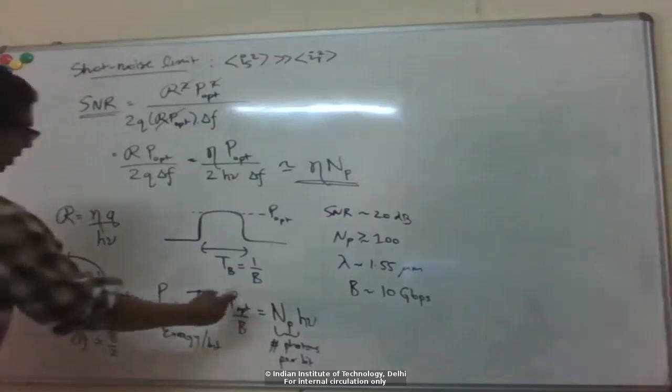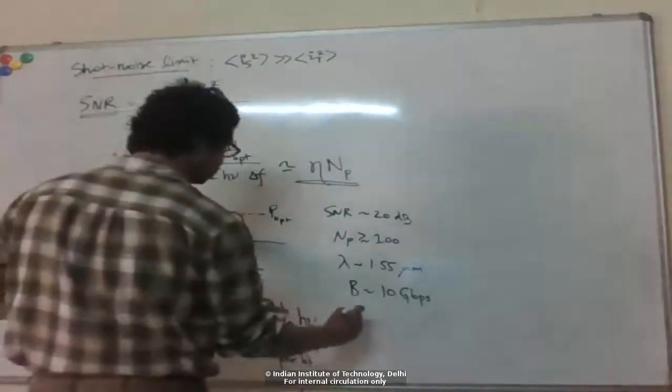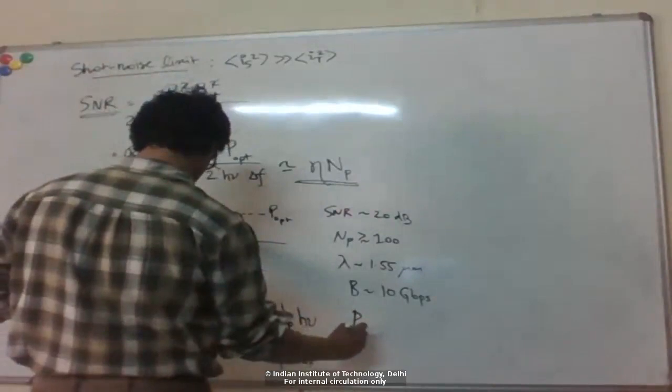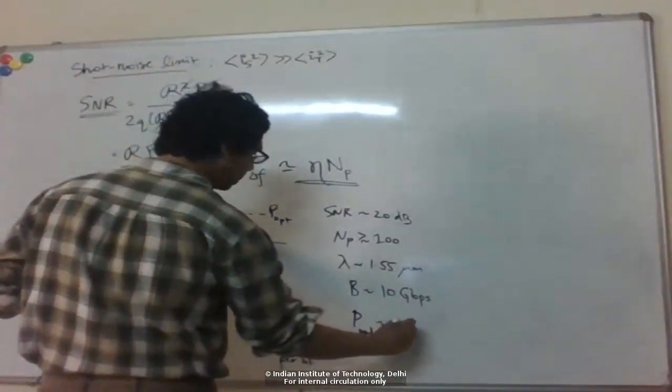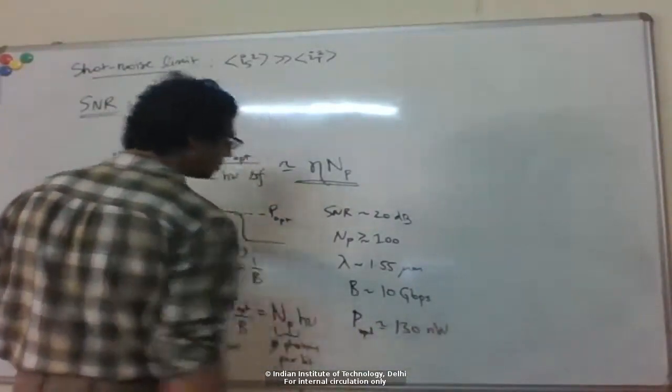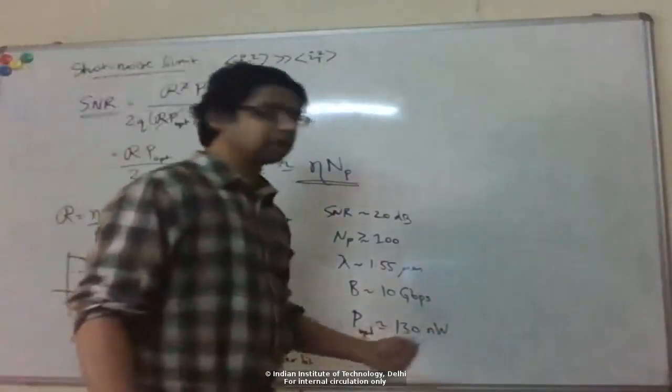Okay, so from here we can calculate what optical power that corresponds to. Okay, so that corresponds to about 130 nanowatts. Okay, so you can see that's quite a low optical power, right?